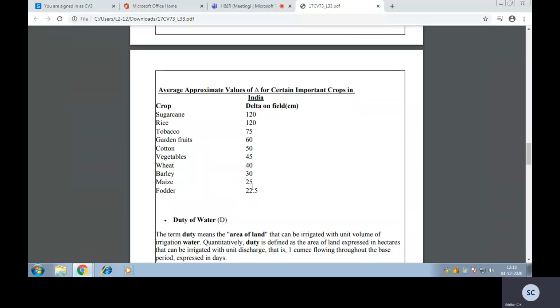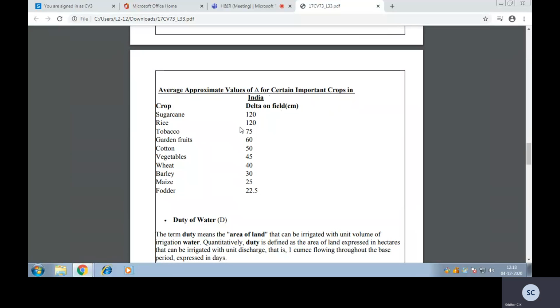Some crops require very little water. This data is considered very vital in assessing how much water is required for the growth of the crop.